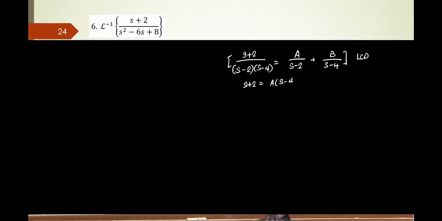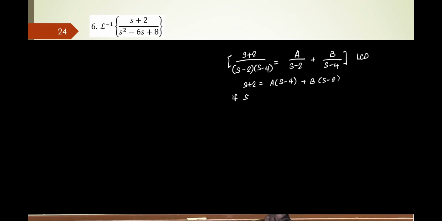Next, please. So s plus 2, s minus 2, and then s minus 4. So let's just say A all over s minus 2 plus B all over s minus 4. So multiply everything by the LCD. You'd get s plus 2 on the left, A times s minus 4 plus B times s minus 2.